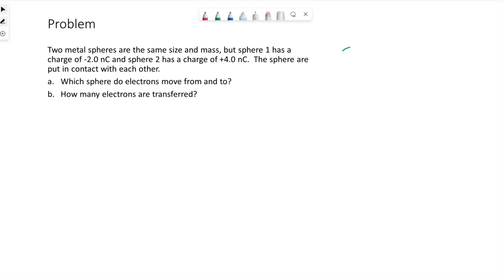All right, so our spheres, sphere 1 has -2 nanocoulombs. Sphere 2, same size, same mass, is +4 nanocoulombs.